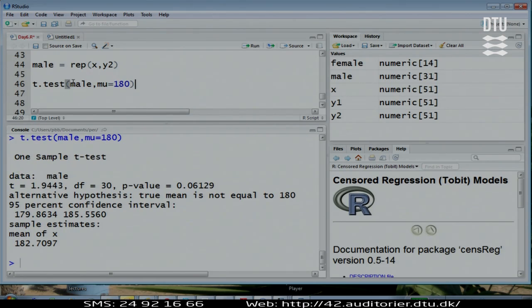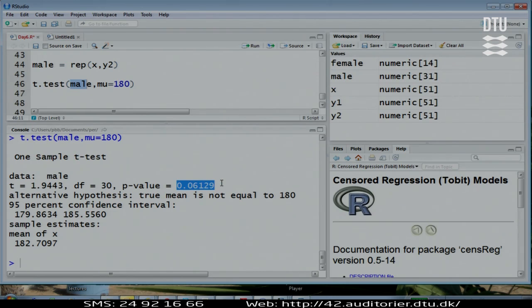I used the t-test on the set of 30 male height measurements coming from you, right? I plug them in, I do the t-test of the claim of being 180 centimeters. I use a two-sided alternative, since if I claim that it's 180, and it's actually lower or higher, I'm wrong, right? So that's an example of a relevant two-sided alternative.